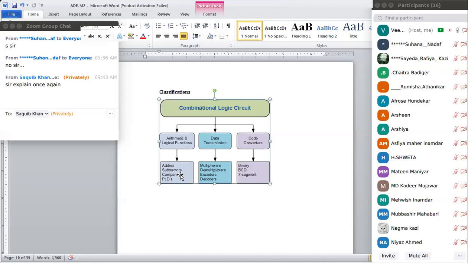Like adders, subtractors, comparators, and in data transmission, like multiplexers, demultiplexers, encoders and decoders. For example, a modem, modulator and demodulator, where encoding and decoding is done, signal encoding, signal decoding. Multiplexers and demultiplexers are used, for example, in a TV antenna.